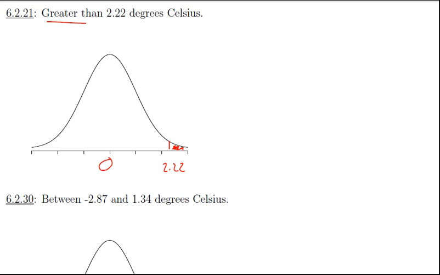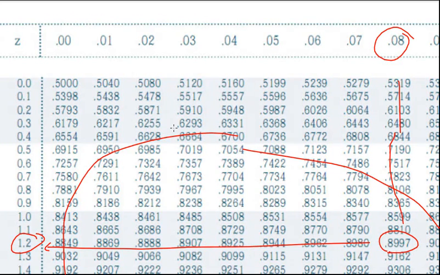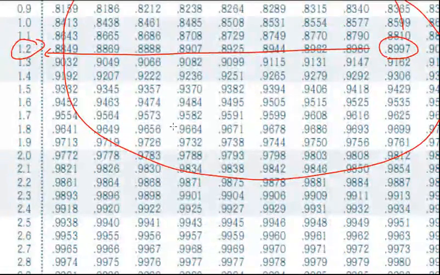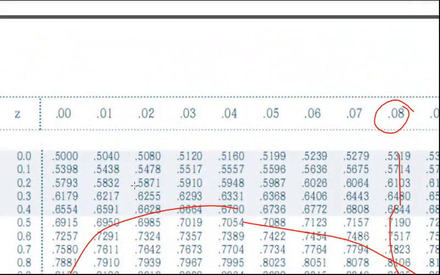So I can go to my table and look up 2.22. Here's 2.2, and then I want to go out here to 0.9868, because that would be the second digit, which is the 0.02.